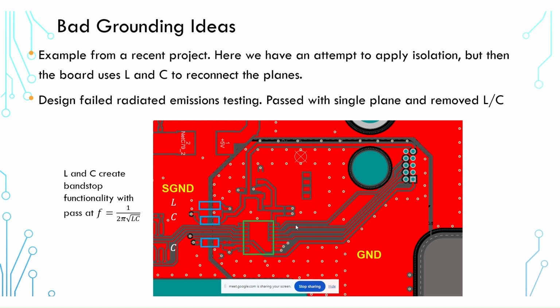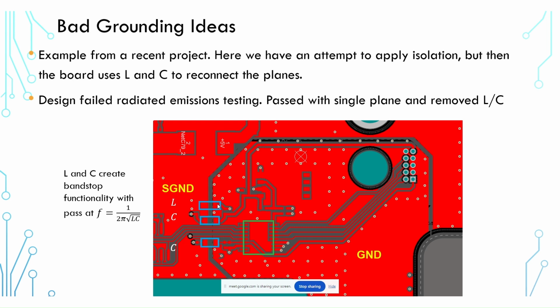In routing these traces across this split, they placed two capacitors on each side of this group of signals, and then they realized, oh yeah, these capacitors provide low impedance return current across this section of the board, but they don't provide low frequency return current because these capacitors have high impedance at low frequency.